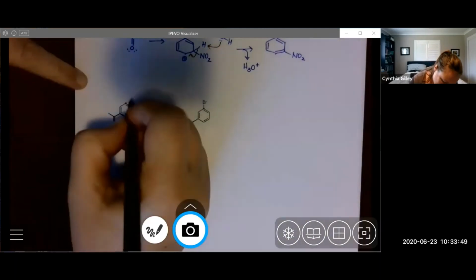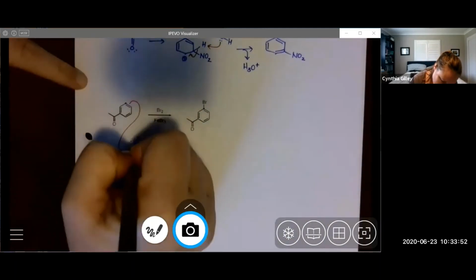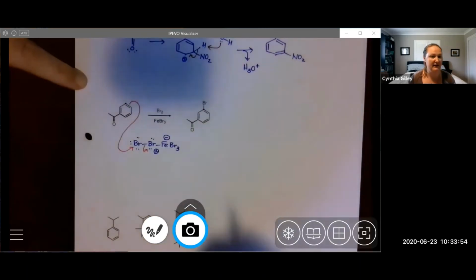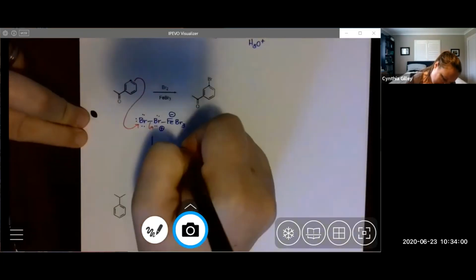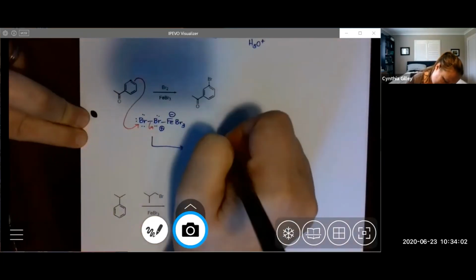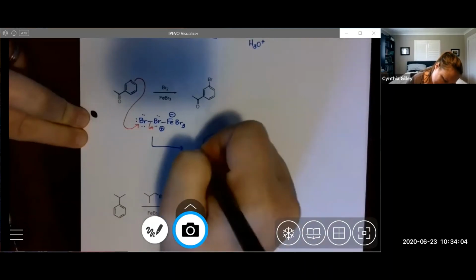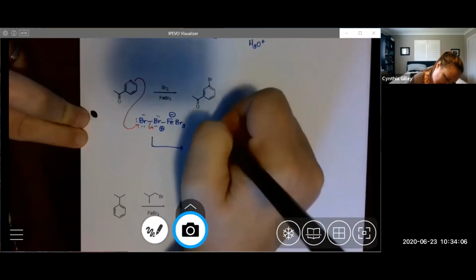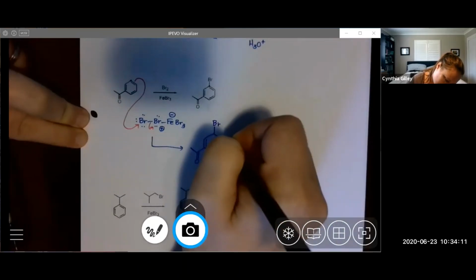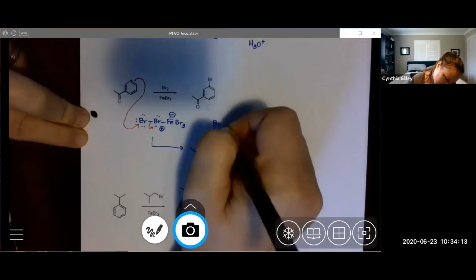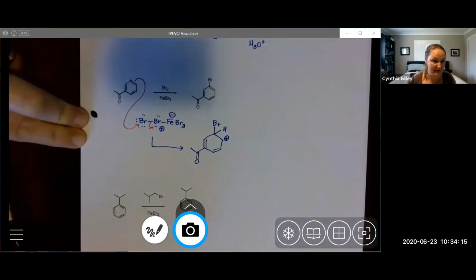I want to use this to do the nucleophilic attack on the bromine complex. That way I can place the bromine at the carbon that I want. Okay, I'll draw in that hydrogen because I'm getting ready to do the proton transfer.